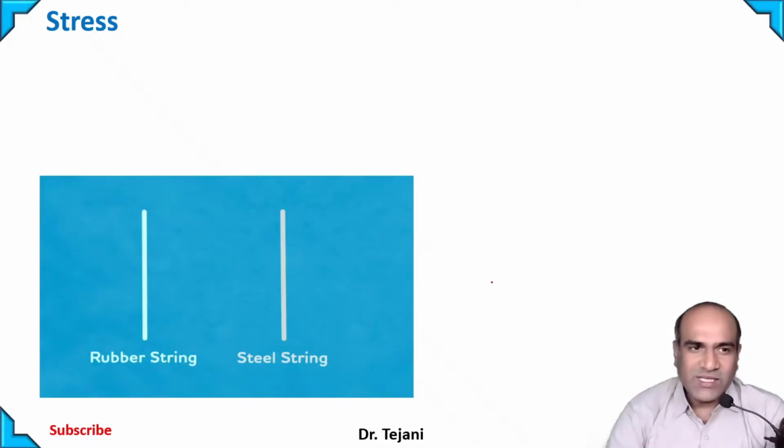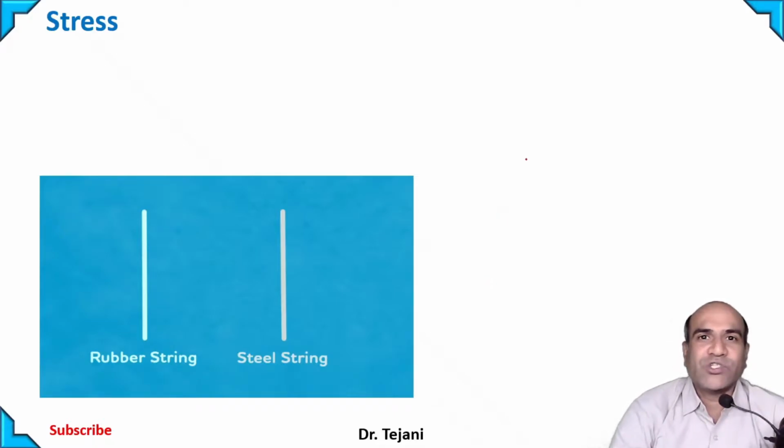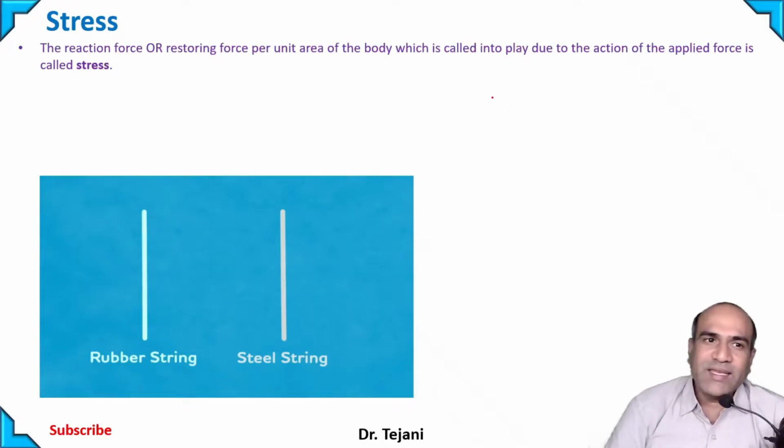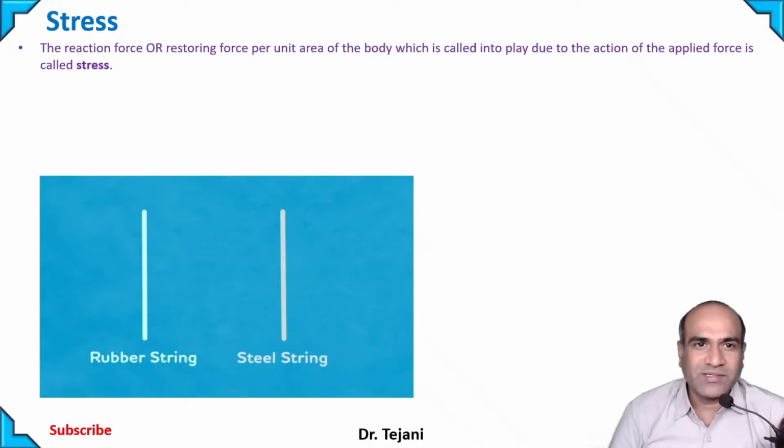Fine. So now we are talking about stress. What is stress? It is the reaction force or restoring force per unit area of the body, which is called into play due to the action of an applied force, called stress.